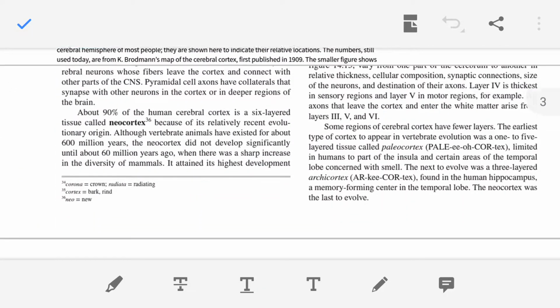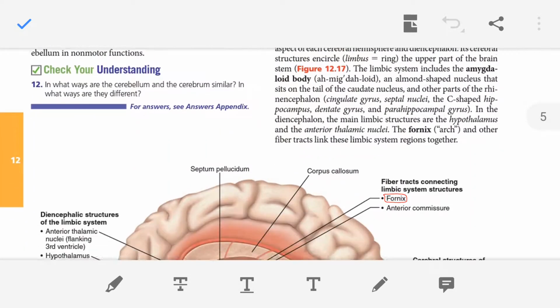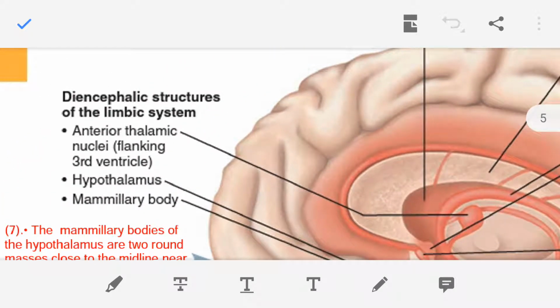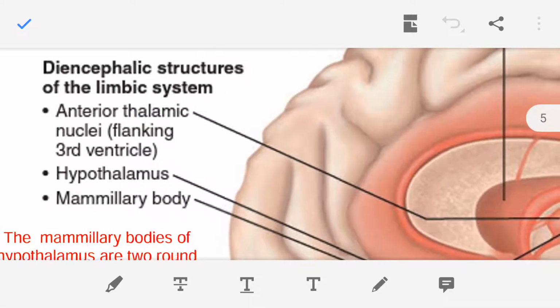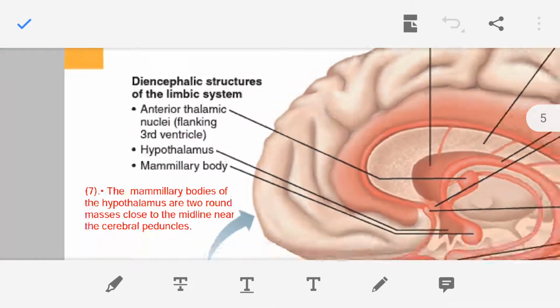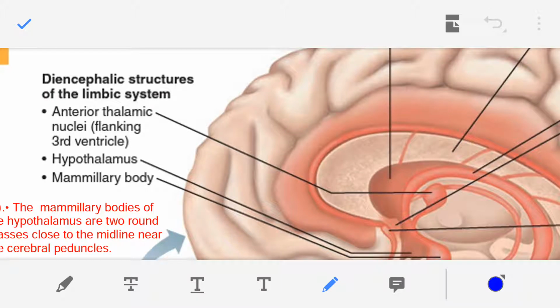Now we are discussing the seventh point. See, a few of the diencephalic structures are also part of the limbic system. Which are these components? One is the anterior thalamic nuclei, part of the limbic system.